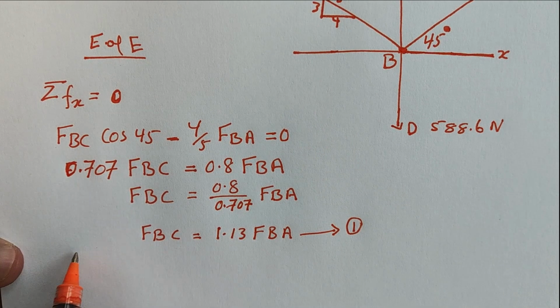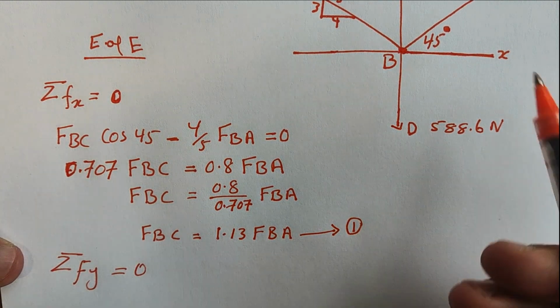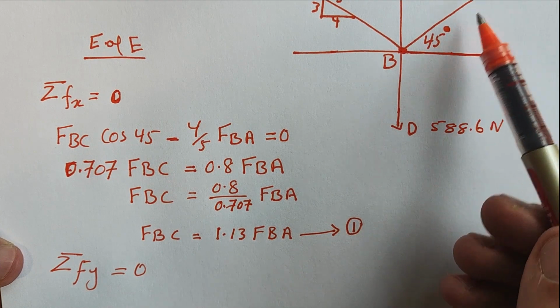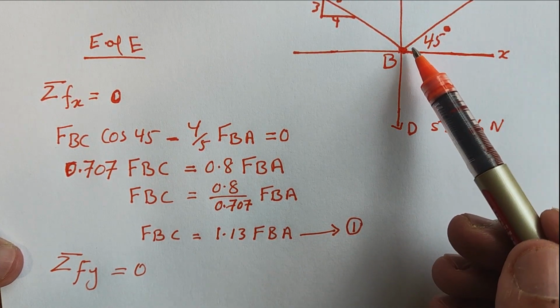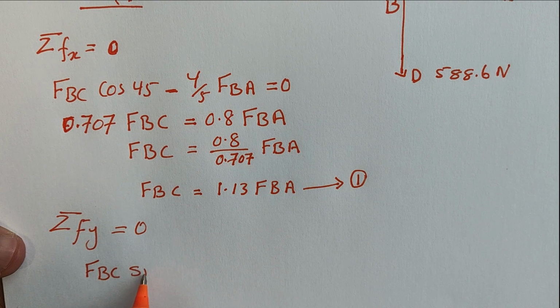Secondly, we are going to get the sum of the forces acting in the y direction, and they all should equal 0. For the first force here, BC, we have FBC sine 45.